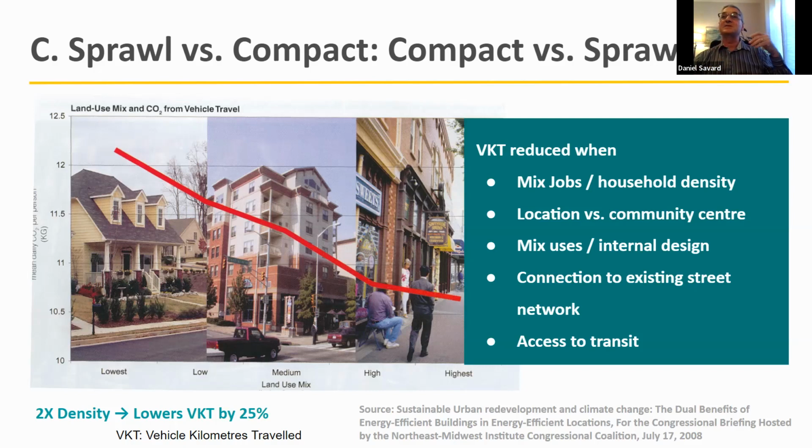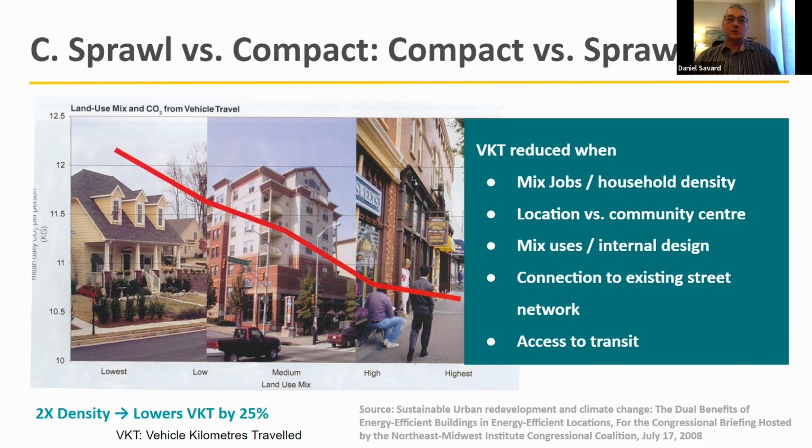You're going to have mixed uses, internal design that fits with that, and connection to the existing street network and access to transit. Suddenly we can see that we can have something like that, but it means the density will be higher.